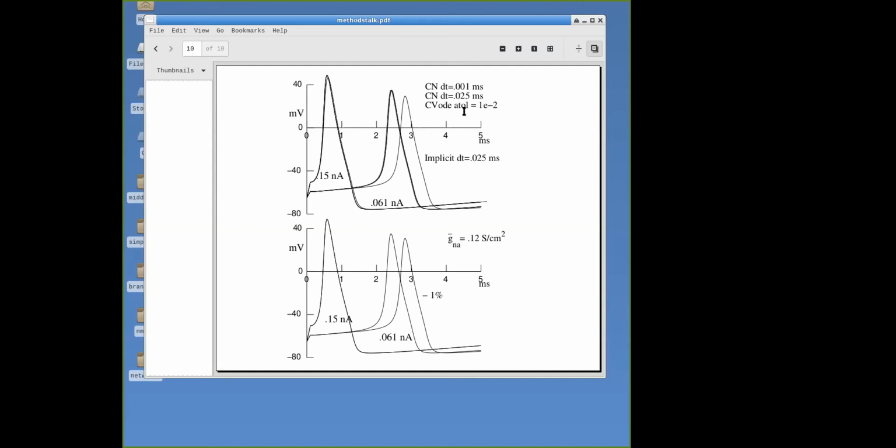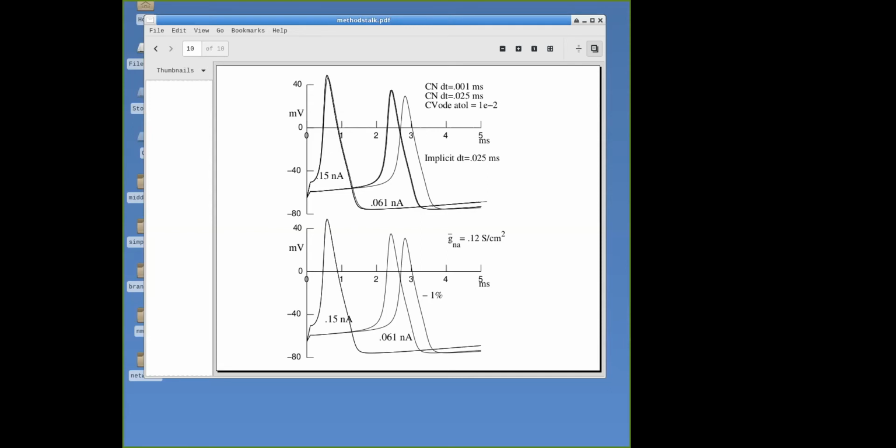Okay, so if we were working on a model in which spike timing was important, like a model with spike timing dependent plasticity, or a model of coincidence detection in an auditory system where we want things to happen at the right times, that's very important.